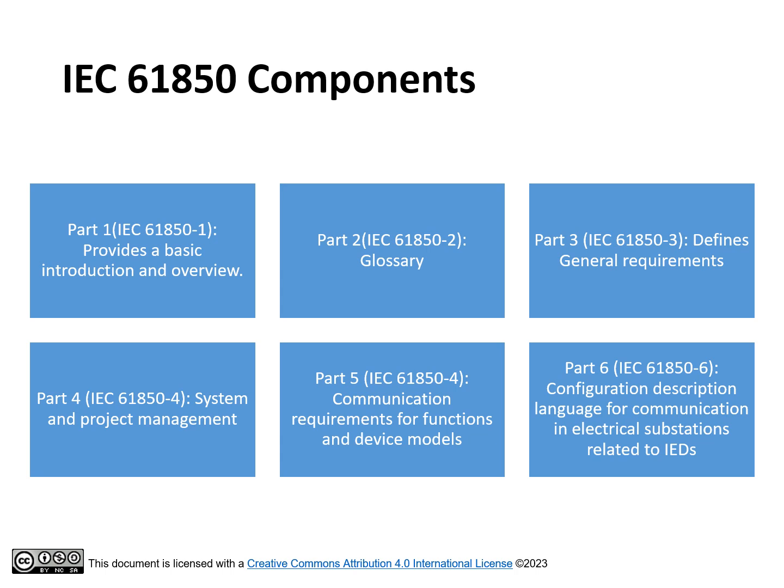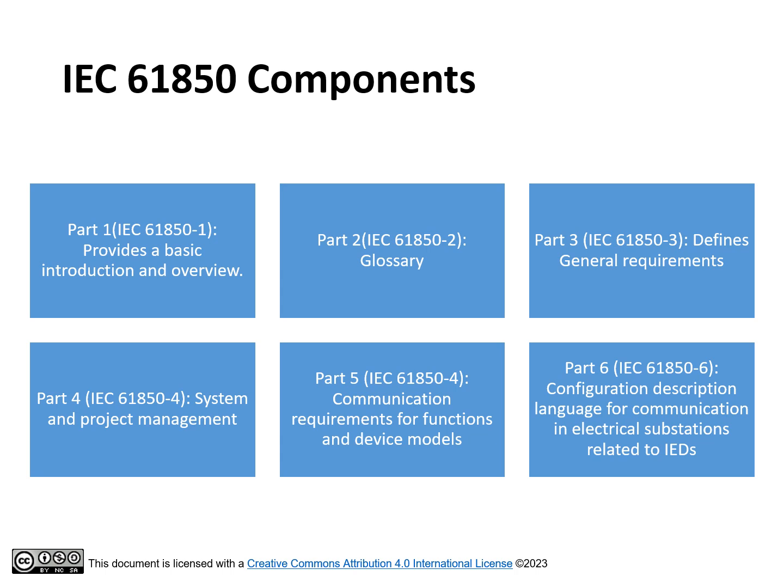The IEC 61850 standard consists of several parts. Part 1, IEC 61850-1, provides a basic introduction and overview. Part 2, IEC 61850-2, is the glossary. Part 3, IEC 61850-3, provides general requirements.